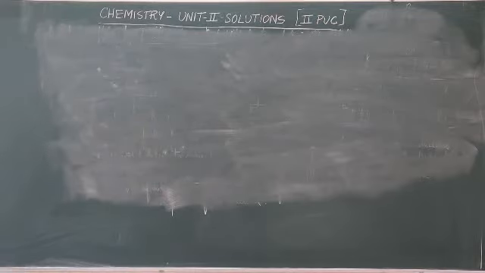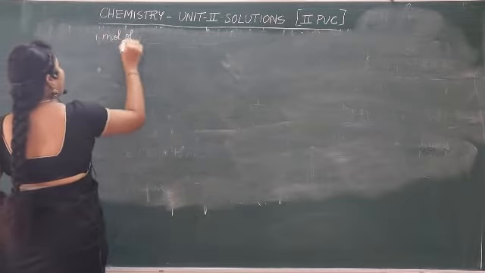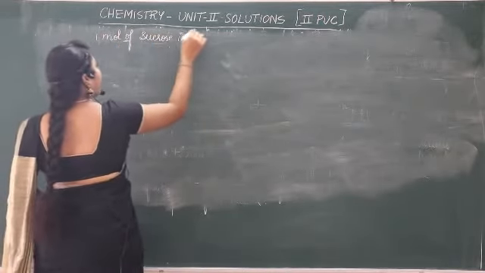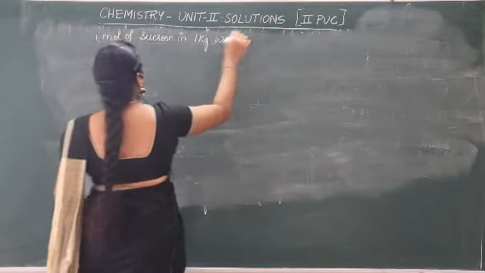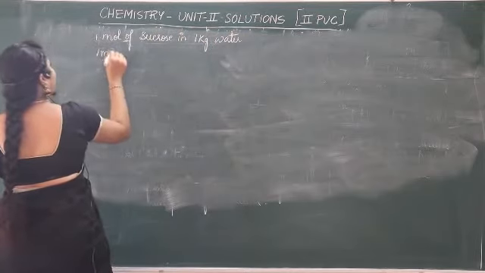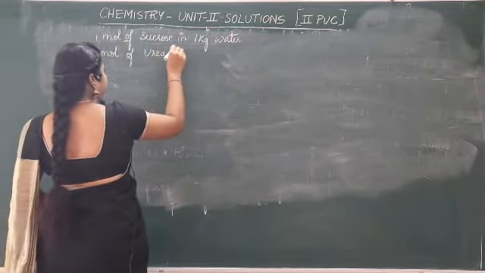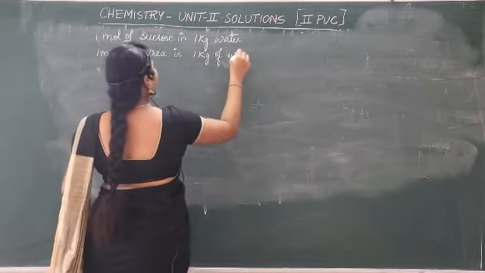That means, for example, 1 mole of sucrose in 1 kg water. The other one, you take 1 mole of urea in 1 kg of water.